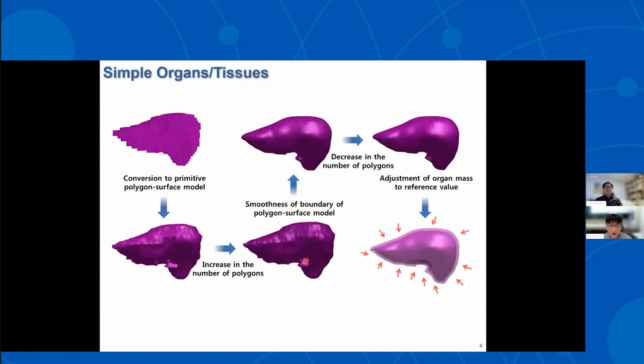So the general shape of simple organs such as the liver, for example, is quite well represented in the voxel phantoms. So such simple shape organs and tissues, in most cases, could be directly converted from the voxel model to a high quality mesh model following the conversion procedure.